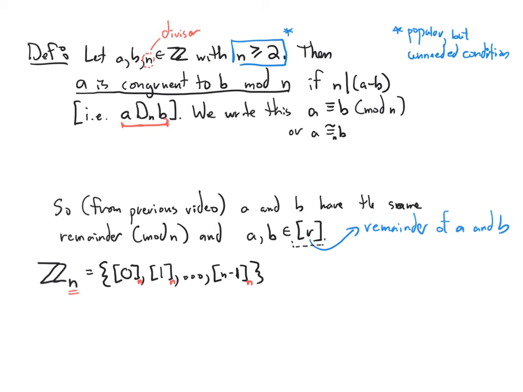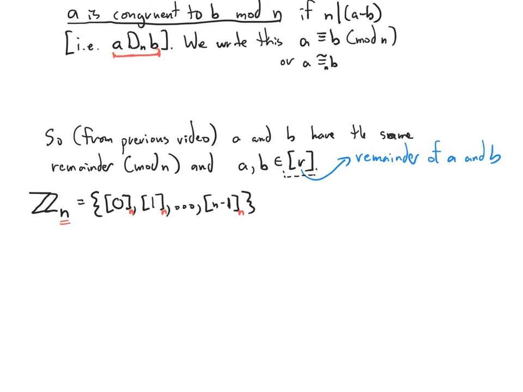And just as a quick little example to make sure we understand what's going on, let's say we were interested in what Z7 was. So maybe pause the video, write down the equivalence classes inside Z7, then tell me to which equivalence class the following belong.